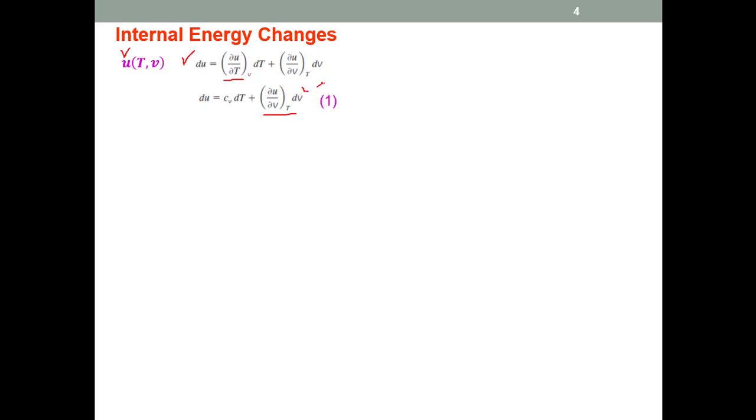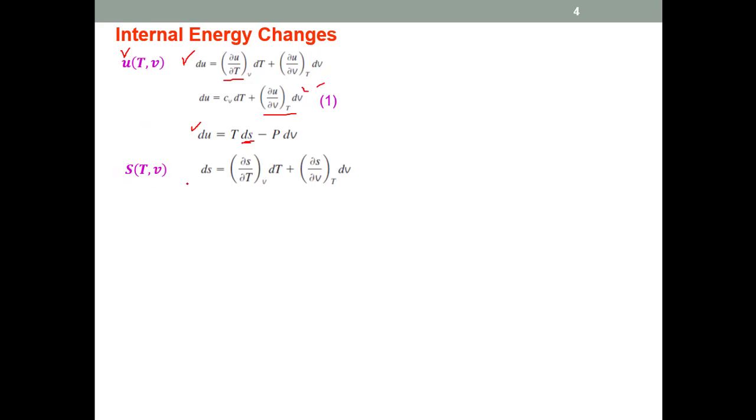To get that term, let's say this is equation 1, and we also know the change in internal energy from the Gibbs first equation. We know that du is equal to TdS minus PdV. Now we need this change in entropy, dS. So let's say that again entropy is a function of temperature and specific volume.